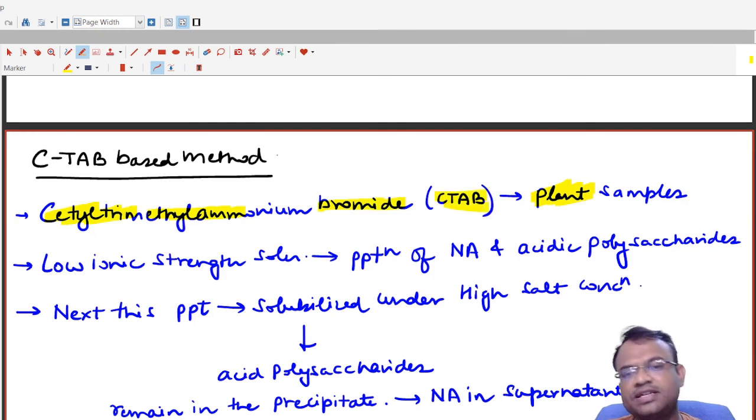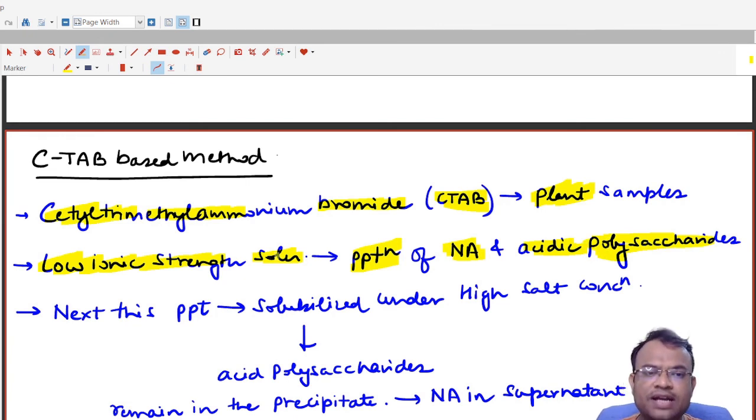The concept here is that when you are using low ionic strength solutions, that means the ionic strength is low, then what will happen? The precipitation will take place. Precipitation of what? Of nucleic acids and acidic polysaccharides. There would be a precipitation of nucleic acids and acidic polysaccharides at low ionic strength.